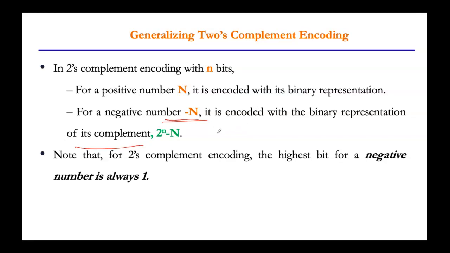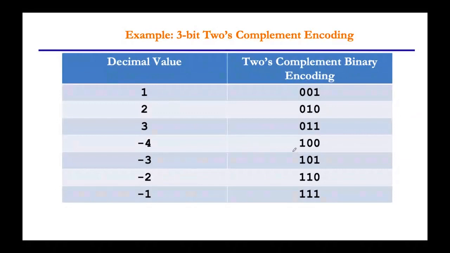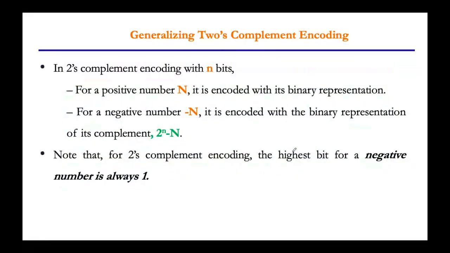So in the previous case, for minus 4, we use 3 digits, so 2 to the power of 3 minus 4 is 8 minus 4, that is 4, which is represented as 100.